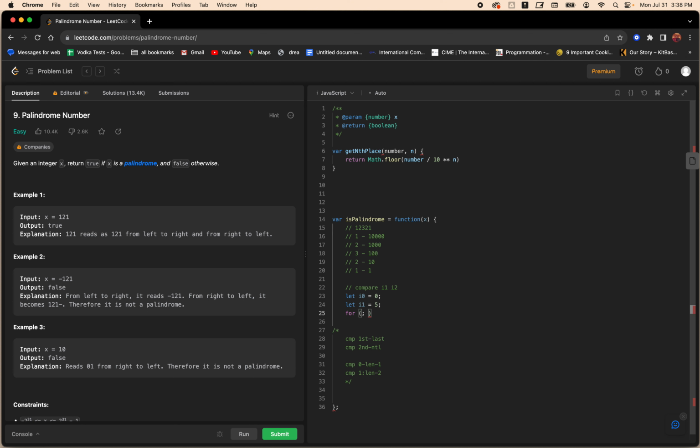We're going to make sure while I0 is less than I1, because if they're equal, it's okay, it doesn't matter. And then we would say I0 plus plus and I1 minus minus.